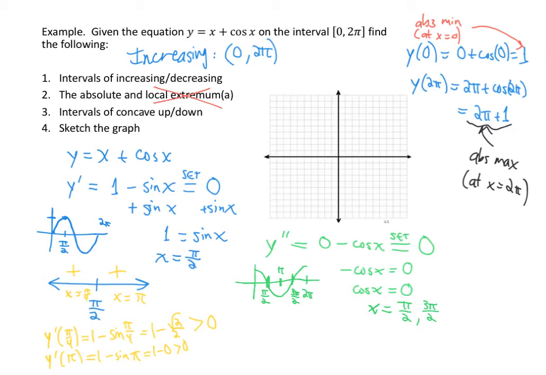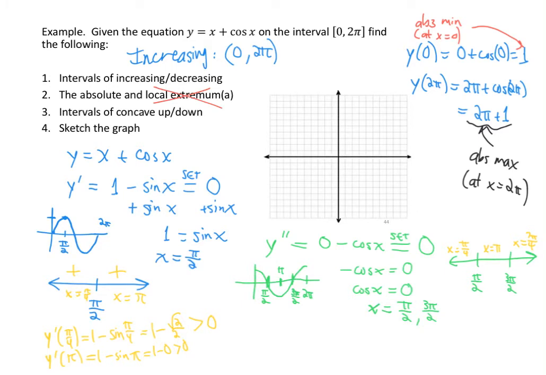What I need to do at this point is determine the concavity on either side of pi over 2 and either side of 3 pi over 2. Test points. Let's say x equal pi over 4, x equal pi, and I can't pick 2 pi, so maybe I'll pick 7 pi over 4.